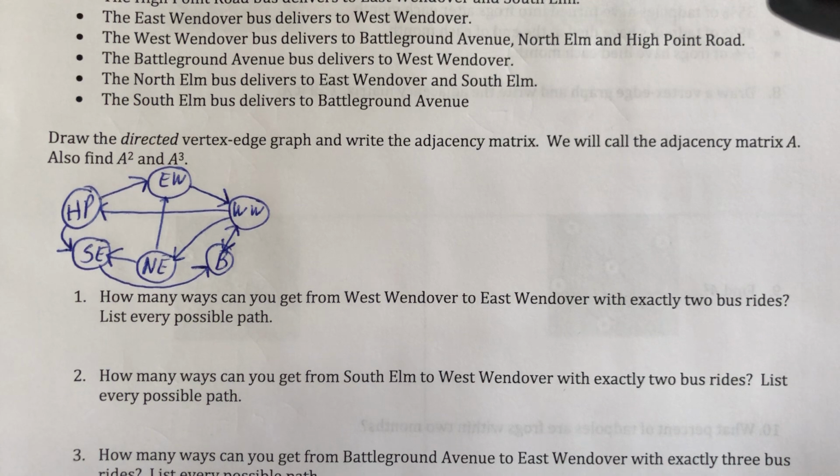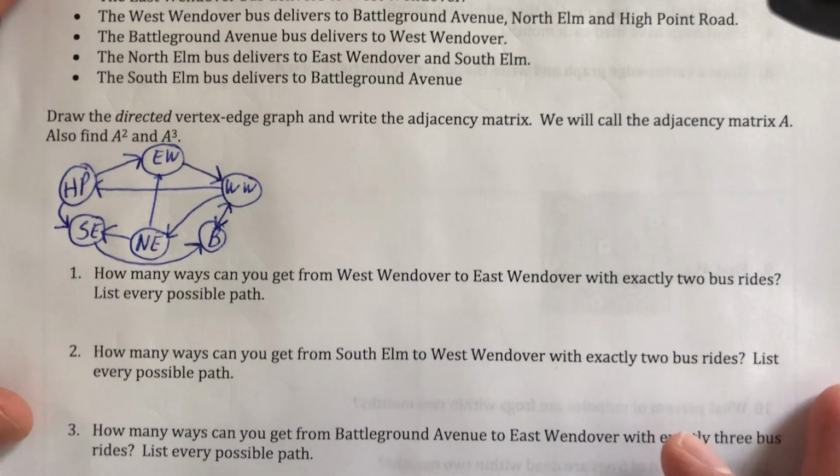Okay, we are going to make an adjacency matrix. We're going to call it A, and I'm doing that for when I type it into desmos.com/matrix. Now, on this video, I am not using desmos.com/matrix. I'm actually going to use a calculator. But that's okay.